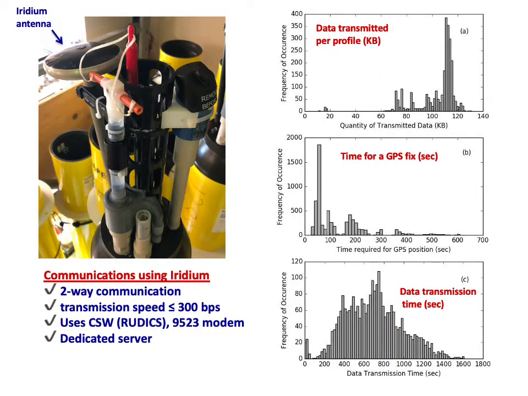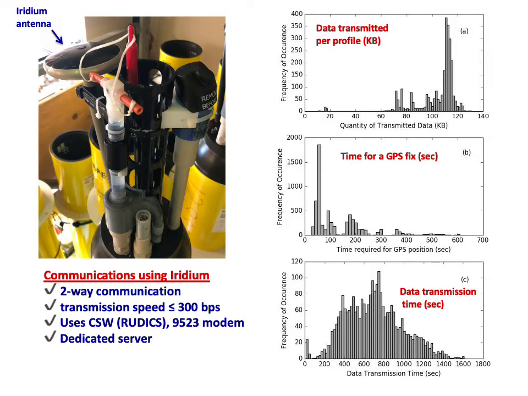So this is just a summary of the communications. All of the data are sent back using Iridium, whether we're talking about core Argo floats or BGC Argo floats or GO-BGC floats. All of our floats now use Iridium communication. The beauty of that is we have two-way communication, so we can change float missions.